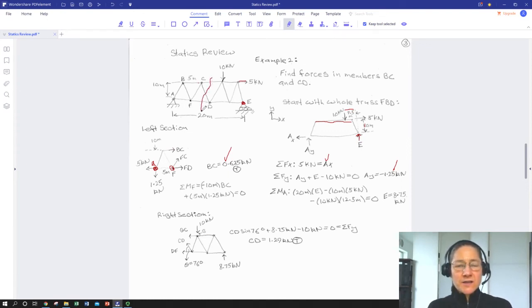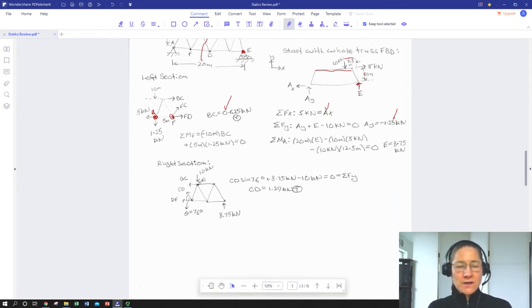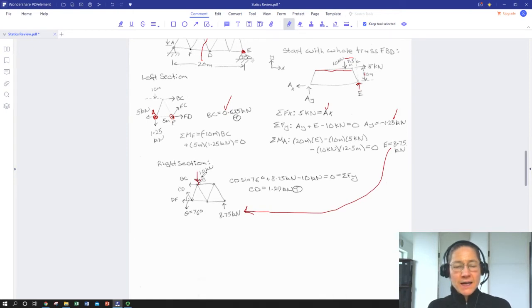So here's my section, and now I'm going to look at everything on this side of it. And so we have that drawn down here. So again, we've got our support E that we got from our full body FBD. 10 kilonewtons is applied, and that's applied at point G.